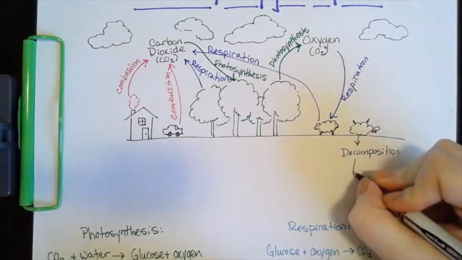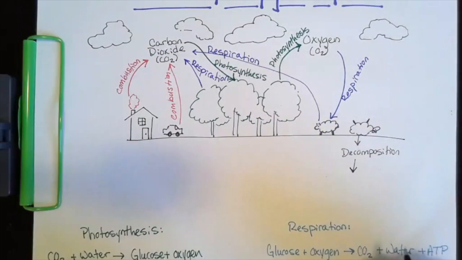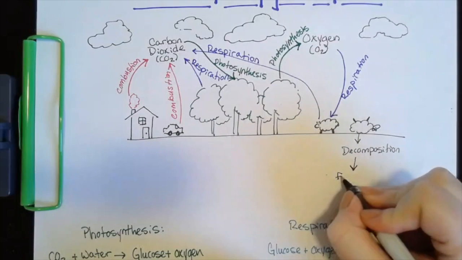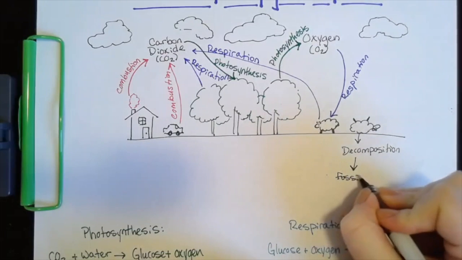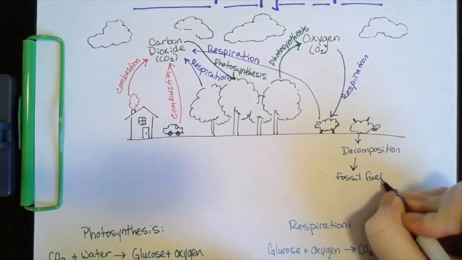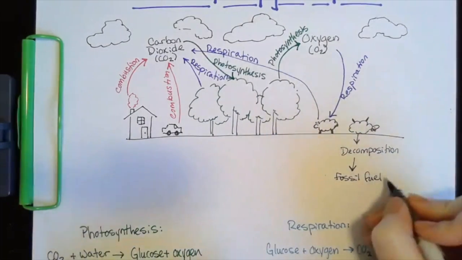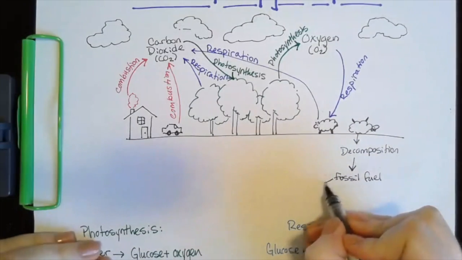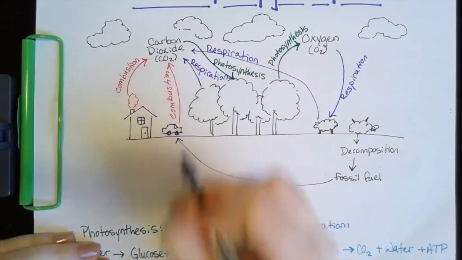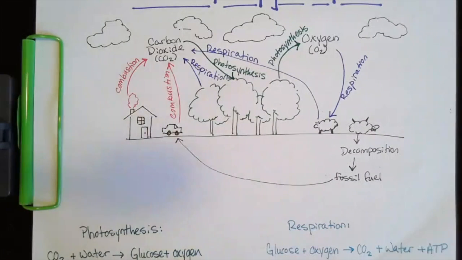And under the right conditions, with a lot of time and a lot of pressure, that carbon breaks down into coal or gas or other fossil fuels. Okay? Those fossil fuels get turned around and used to make energy to power machines and homes.